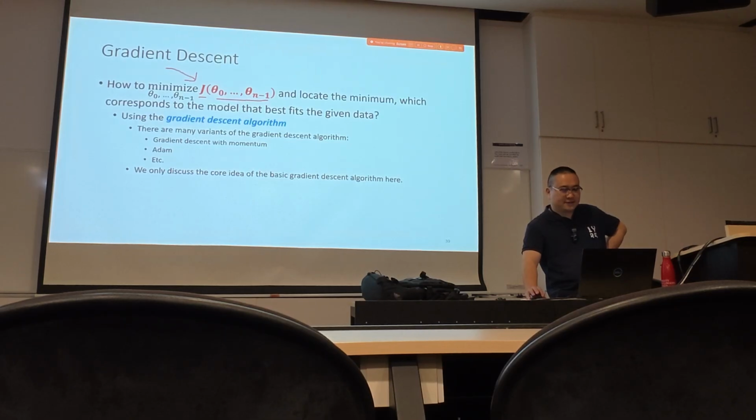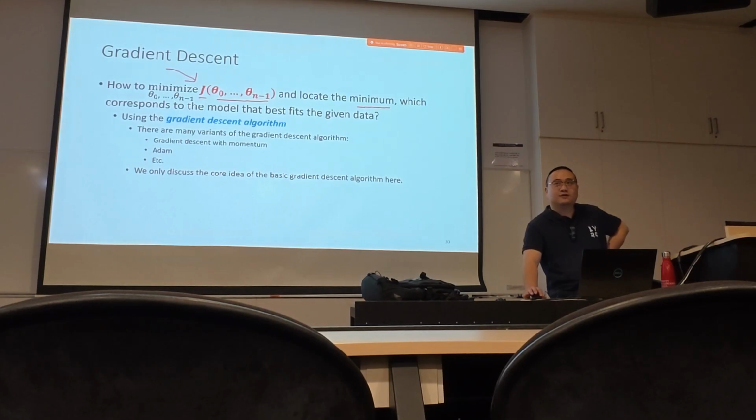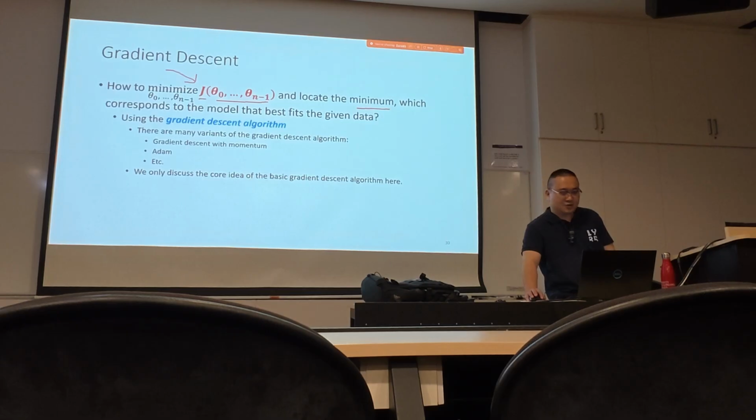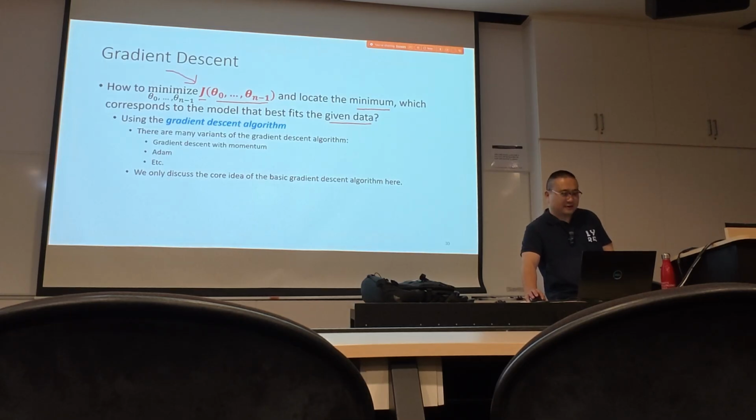We want to locate the minimum, because we want the model to make as small errors as possible. When we get the minimum error, it means we get the best model that fits the given data. This is the purpose of the gradient descent algorithm.